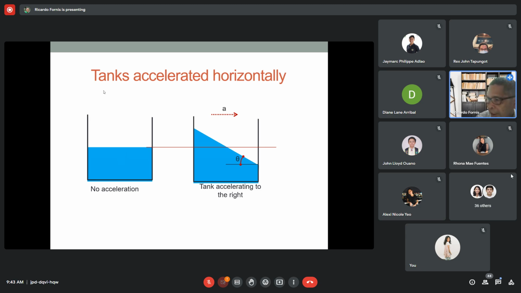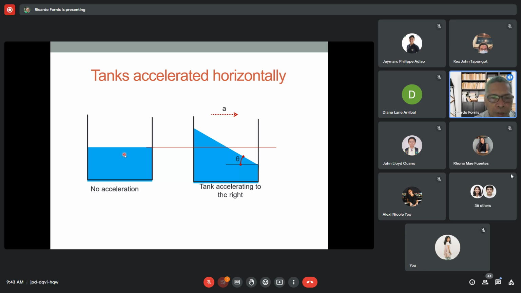Now let's consider a situation where there is a tank. This is the side view, and this is the appearance of the tank. The liquid surface is horizontal when the tank is not moving, or if the tank is moving, there is no acceleration involved.